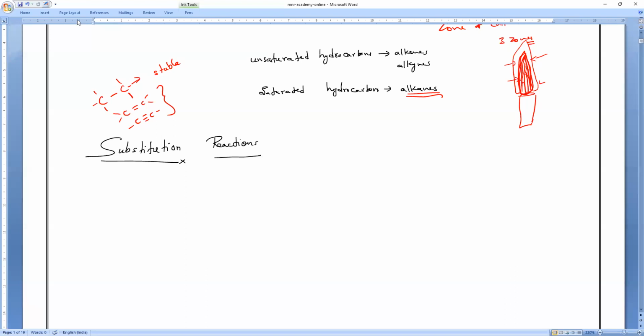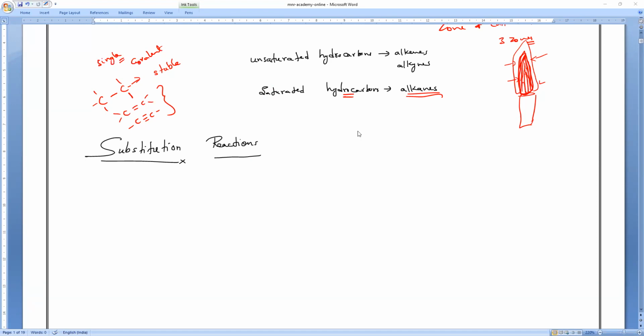Saturated hydrocarbons are more stable compounds because of the presence of carbon-carbon single bond, and also it is a covalent bond, not an ionic bond, everybody. Single covalent bond. Do you understand, everyone? That is the reason saturated hydrocarbons are more stable in nature. I hope you are all clear.